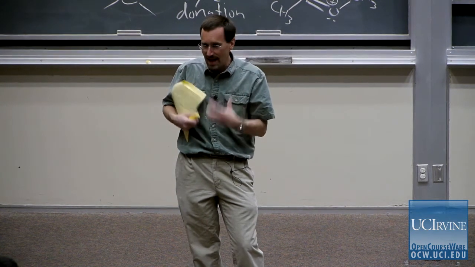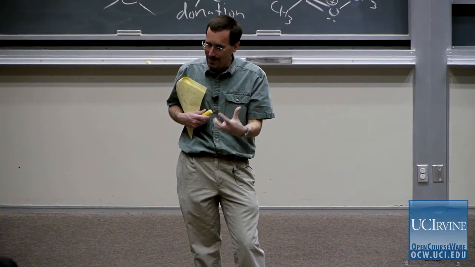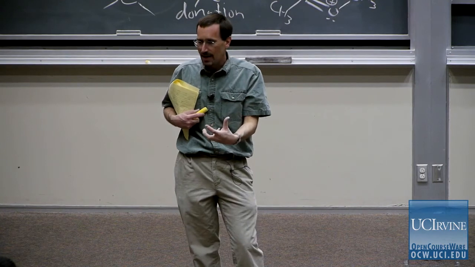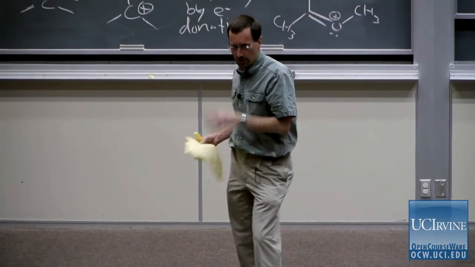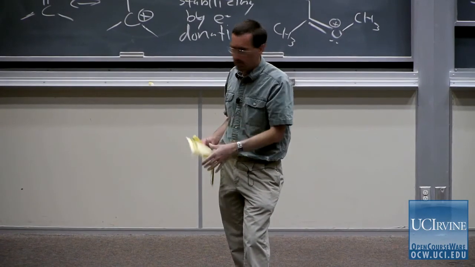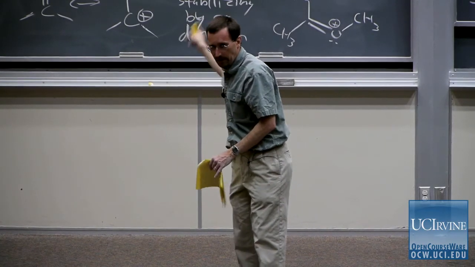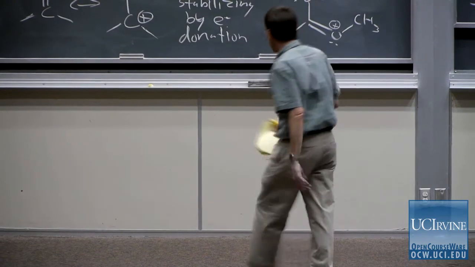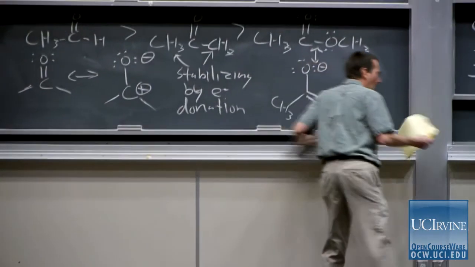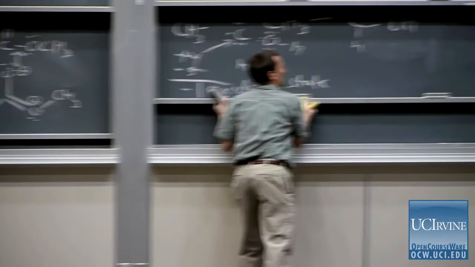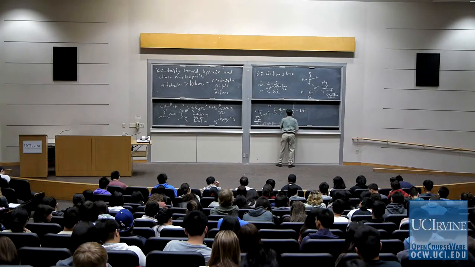But the one that wins out in terms of being more important is the octet. And so in an ester, there are three different contributing resonance structures. That resonance structure is a little bit more important than the other resonance structure, but they all contribute and they all stabilize.